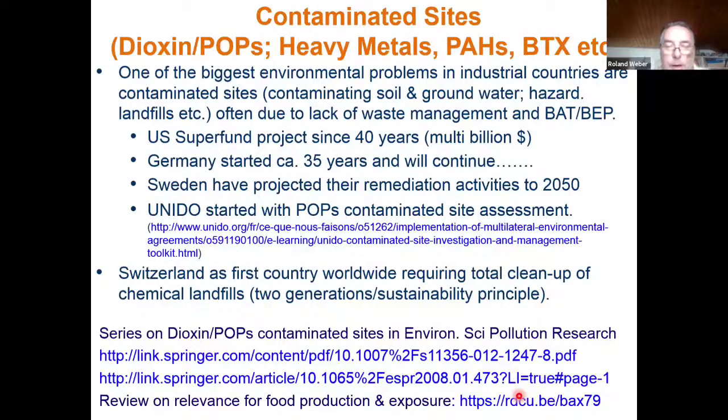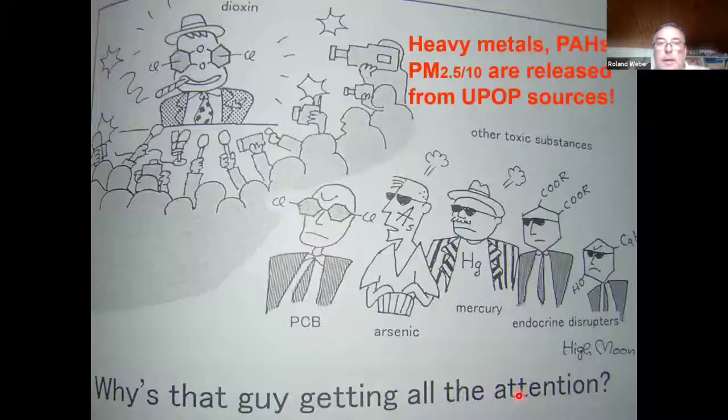So therefore, if you are interested in dioxin contaminated sites, we had a series on dioxin and UPOP contaminated sites, and here are the links to some of these articles. And we always need to remember, dioxin is one important emission for incinerators and for metal industries, but at the same time, we have heavy metal emissions, we have PAH emissions, polyaromatic hydrocarbons, and we have emissions of particulate matter from these sources.